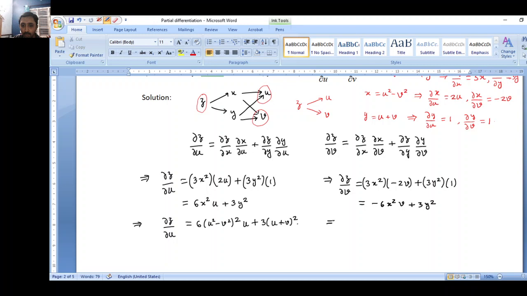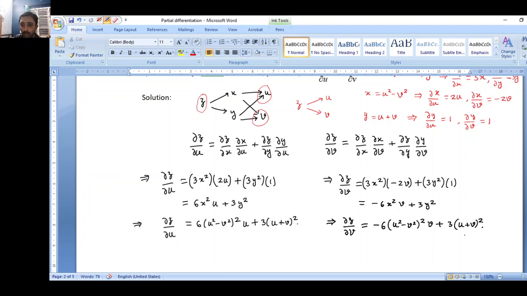So once again here we cannot stop here, because everything should be in terms of u and v, because those are the final independent variables. So this will be minus 6 into, what is x here? x is u² minus v². So this will be (u² minus v²) the whole squared into v, plus 3 into y, which is u plus v. So (u plus v) the whole squared.